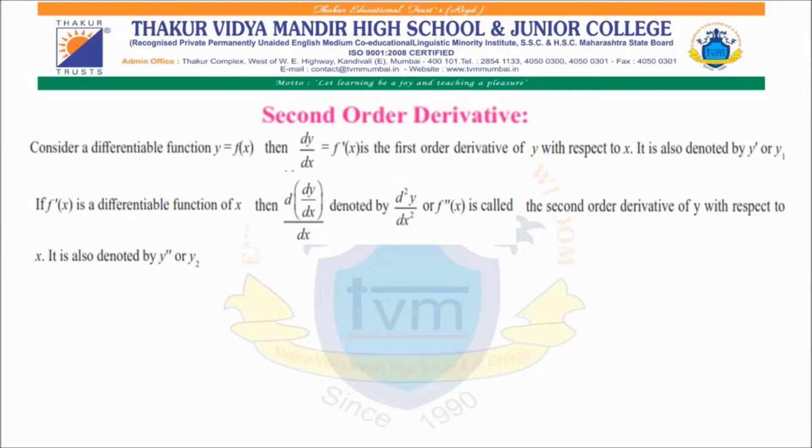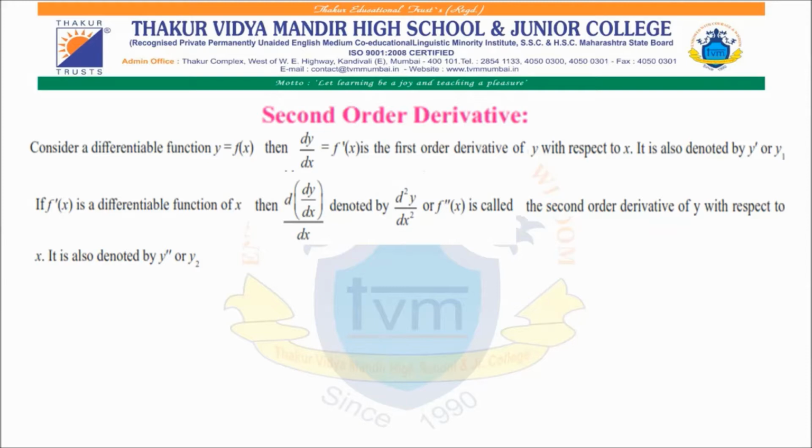Then on differentiating this, we get d2y by dx2 or f double dash x. So d2y upon dx2 is called second order derivative. It is also represented as f double dash x. Also you can denote it by using y double dash or y2. Clear?